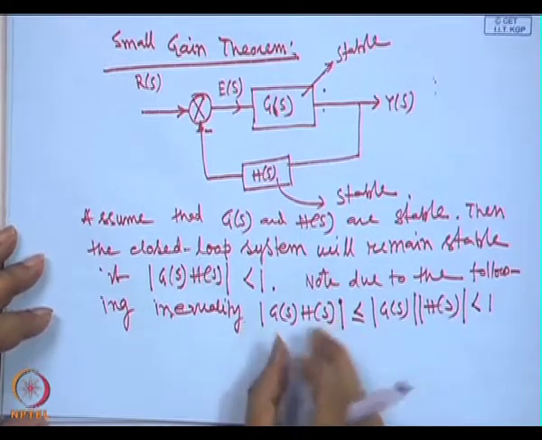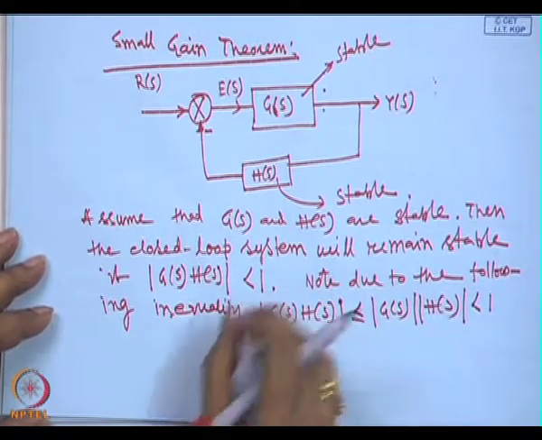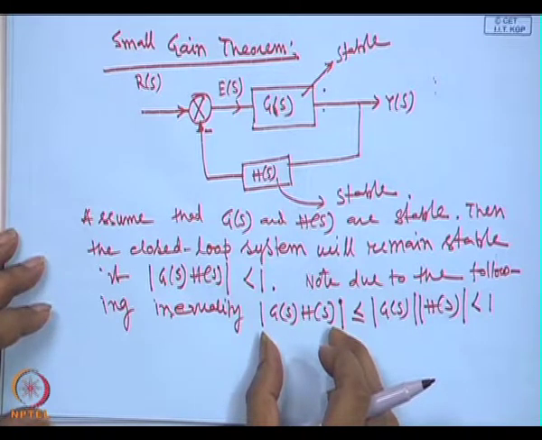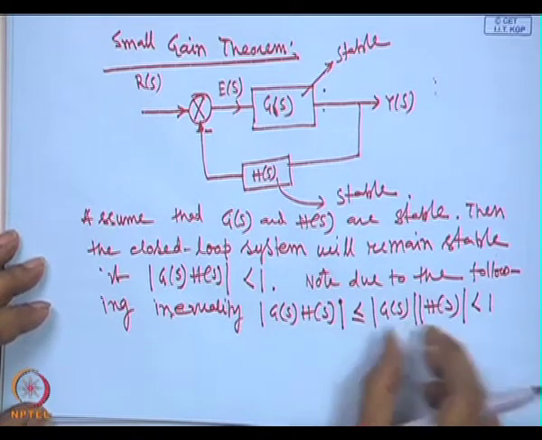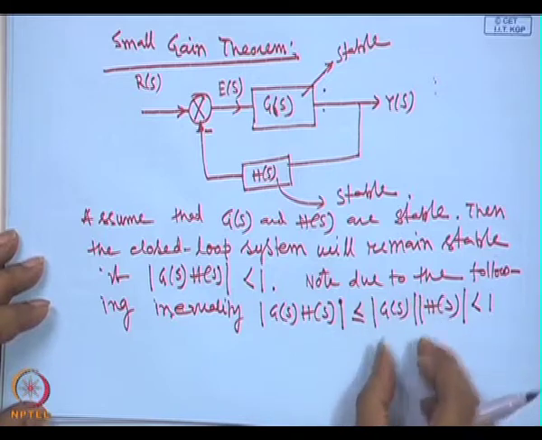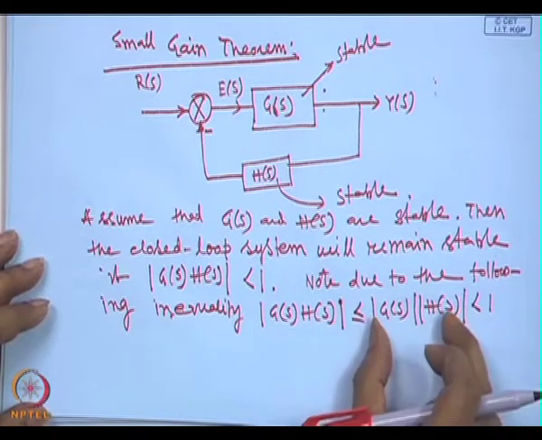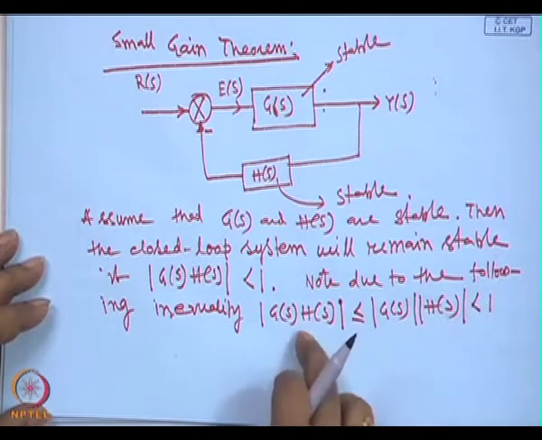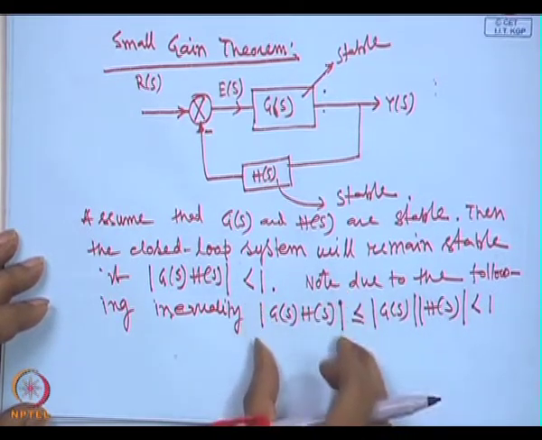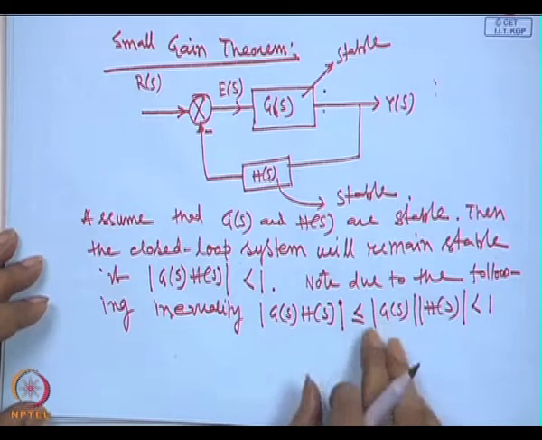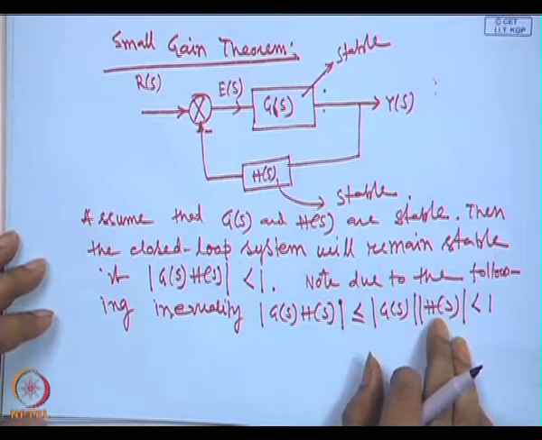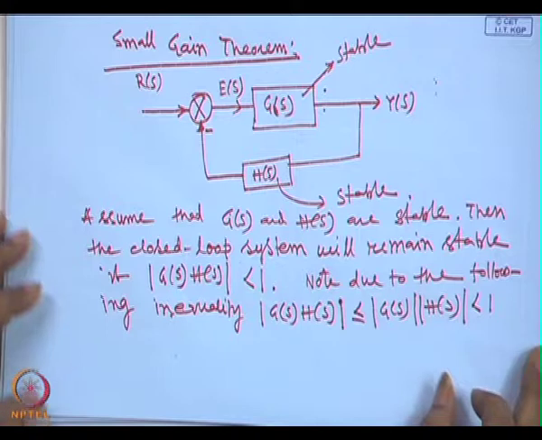Because the product of these absolute values for all frequencies is always less than or equal to the individual block magnitudes, and if this quantity is less than 1, obviously the absolute value of the product will also be less than 1. But these results will give you conservative results.